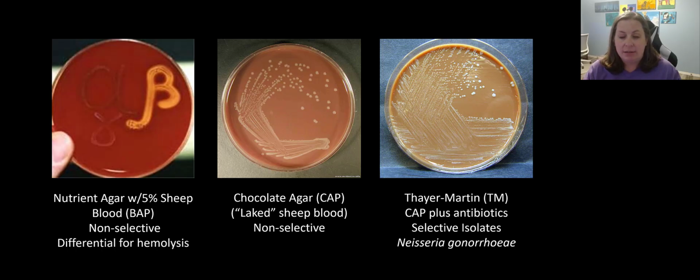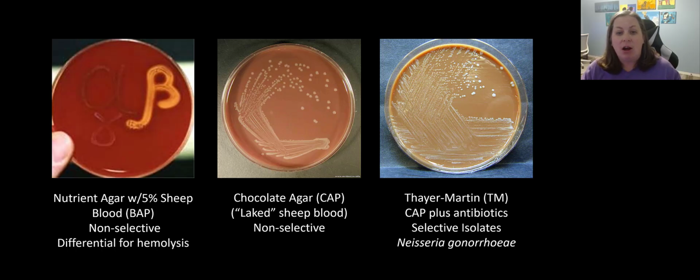This is considered a non-selective type of media, but it is differential on how they use the blood, which is the hemolysis. The second one here is the chocolate agar, CAP. This is where they lyse the sheep blood, they blend it up and open it up, and this again is also non-selective. But you're going to be able to grow some fastidious bacteria on these. The last one on here is the Thayer-Martin or the TM.